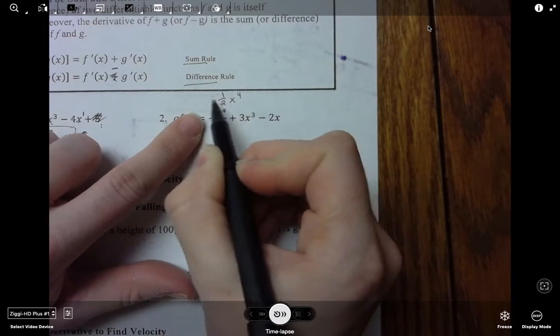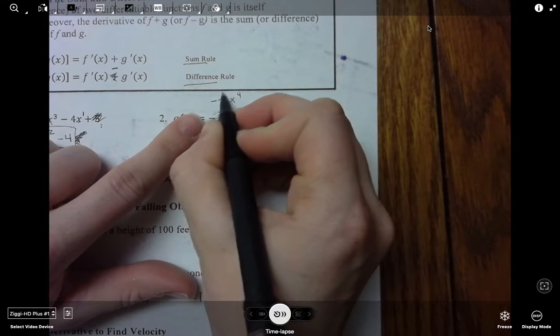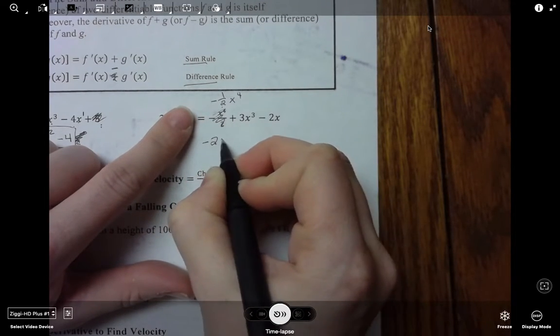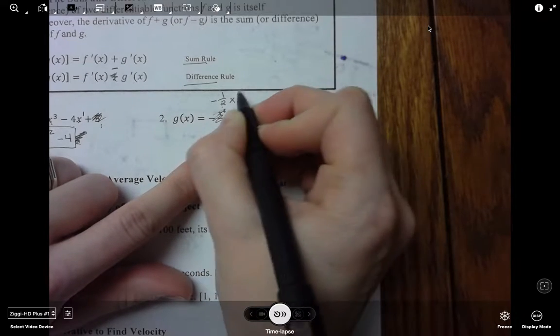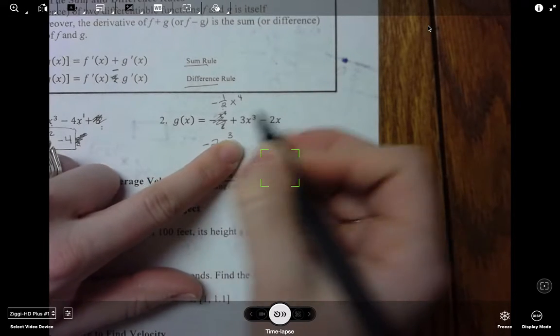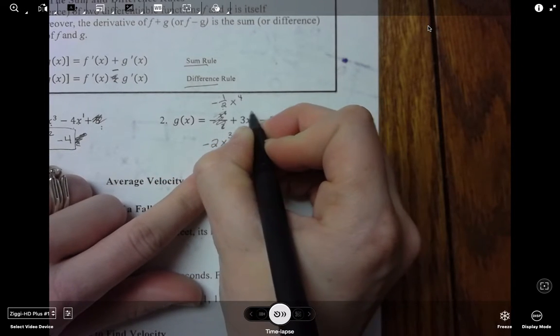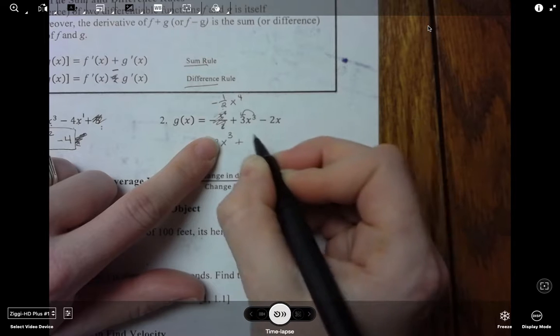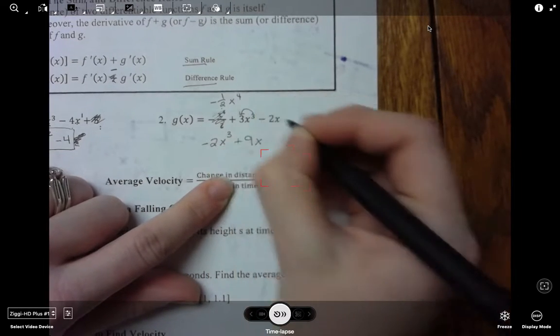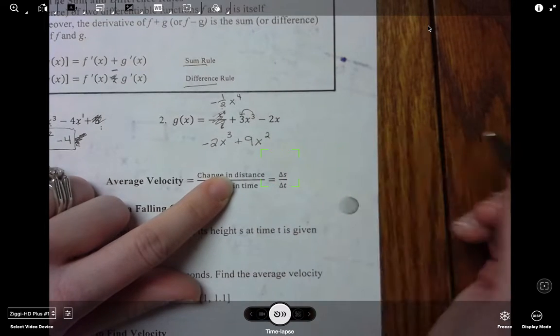There's already a negative 1/2 there, so I multiply. 4 times negative 1/2 is negative 2, so negative 2 x to the third power, plus, take the 3 and drop it down in front. There's already a 3 there. 3 times 3 is 9 x, and subtracting 1 from the 3 gives 2.